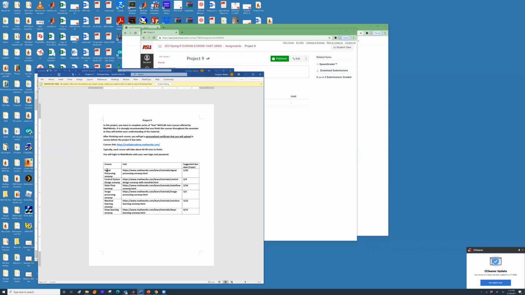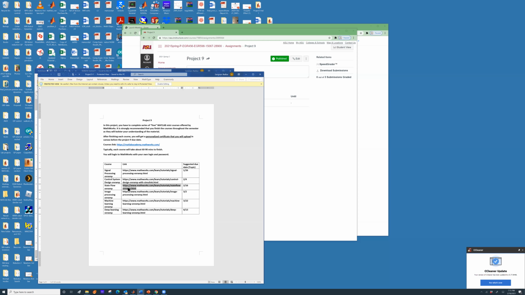So the first one is still processing on ramp. I would expect that most of you have done it by 1.6, control system 2.4, and the state flow is 2.16. And the reason I want you to do this state flow, because chapter 6, when we do the autopilot design, is going to use the state flow.